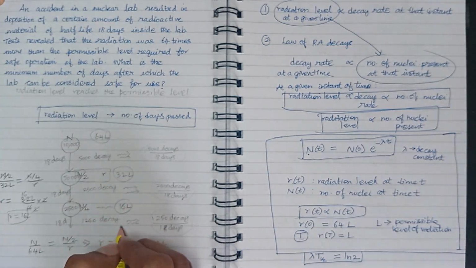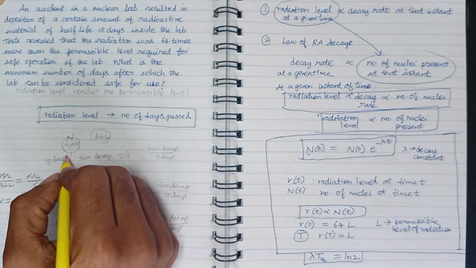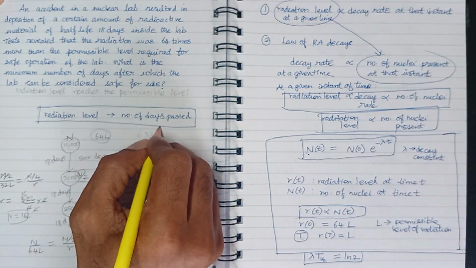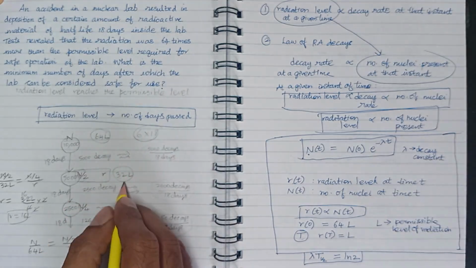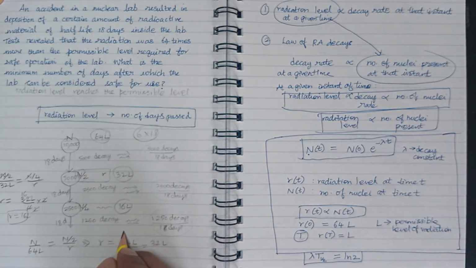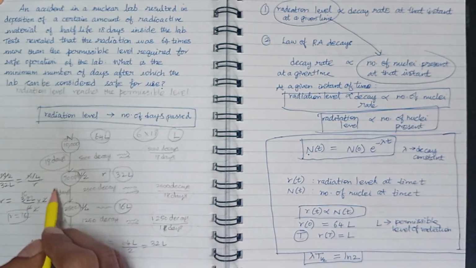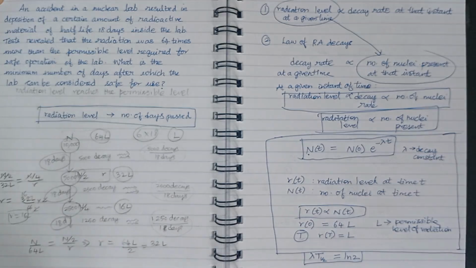You can continue this calculation, 18 days, 18 days, 18 days, so 6 times 18 days. After that you will see this 16L becomes 8L, then 4L, then 2L, and then L. So after 6 times 18 days the calculation reaches L.